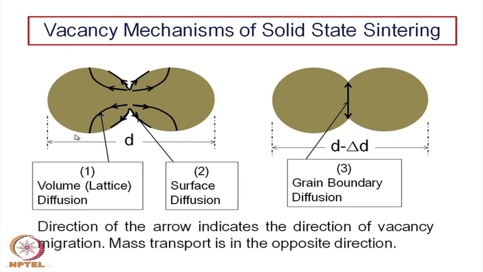So, if sufficient thermal energy or activation energy is provided, this high concentration of vacancies will tend to redistribute itself, and it will go towards the convex surfaces.